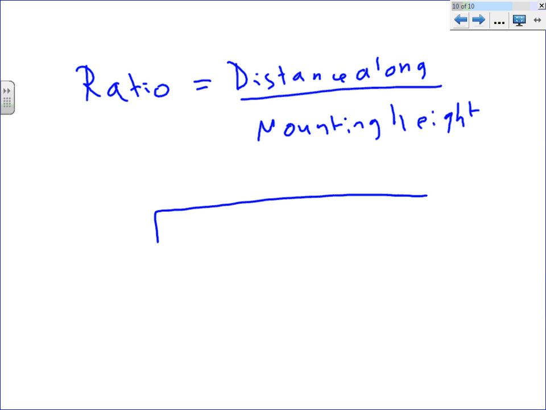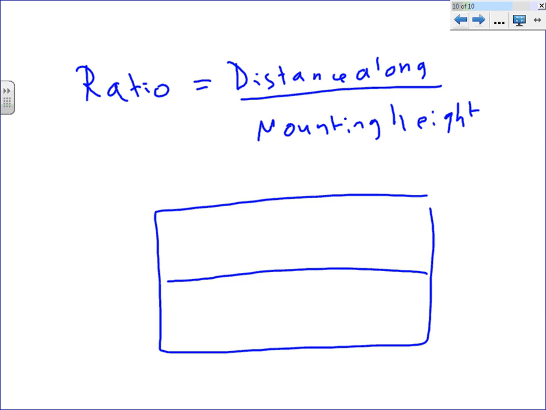Here's my parking lot, and here's my fixture number 1, my fixture number 2. The distance between the centers of the two fixtures, guys, this is my distance along. Divide this by my mounting height.